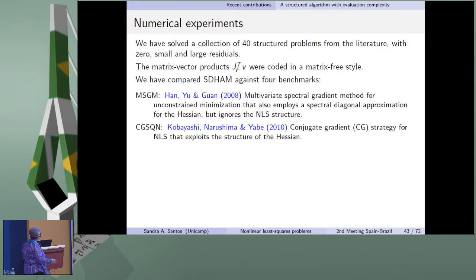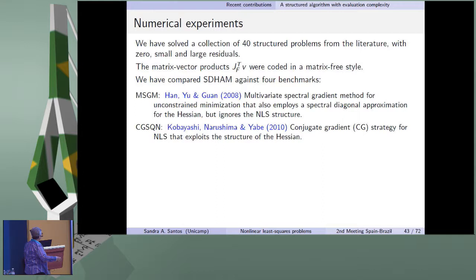And we have compared our algorithm against 4 benchmarks. The first 2 are more recent from the literature. This one was developed for unconstrained minimization and uses a diagonal approximation as ours.